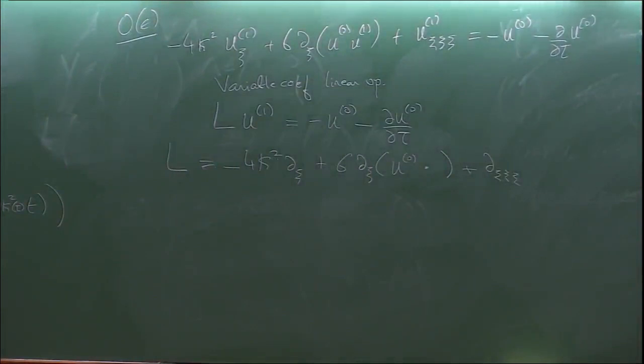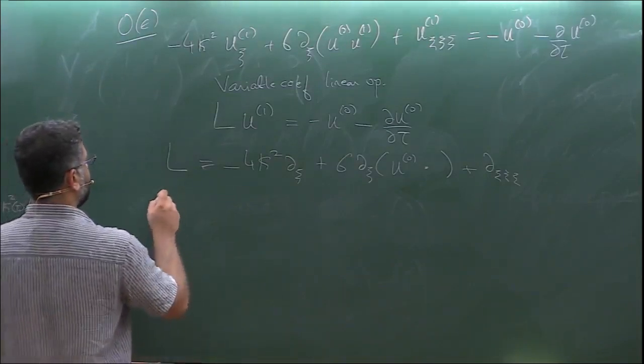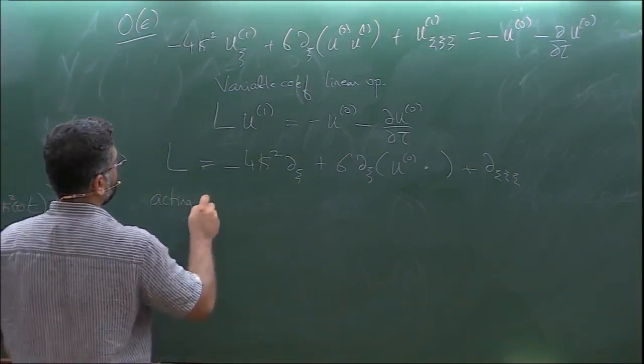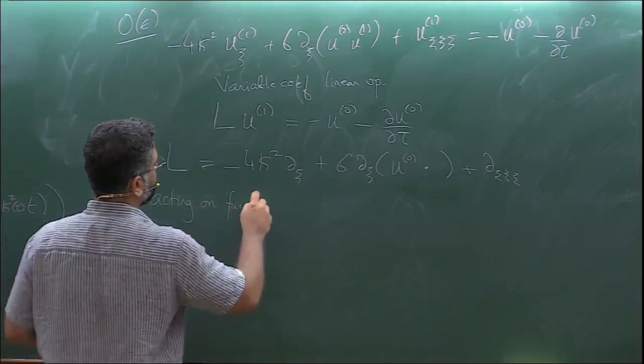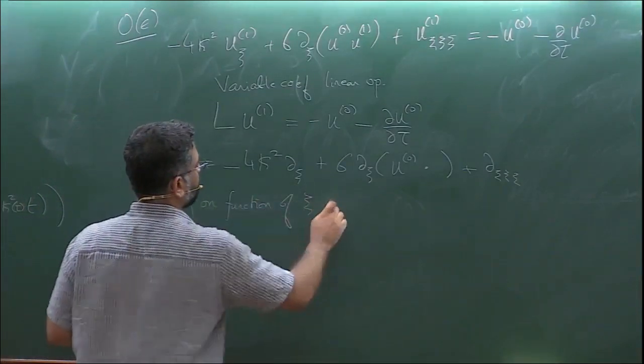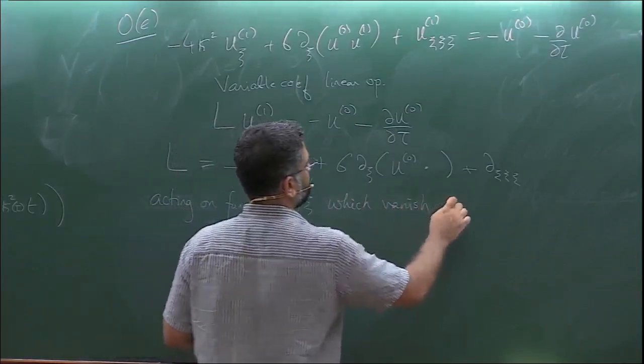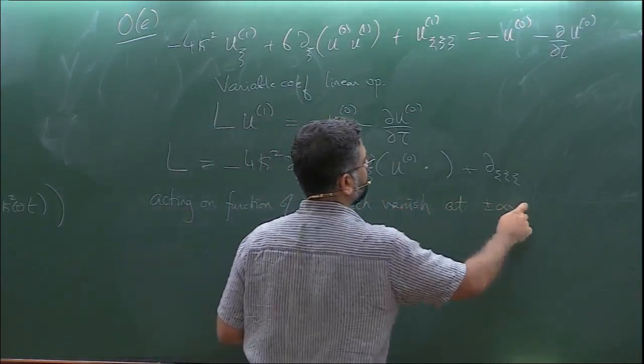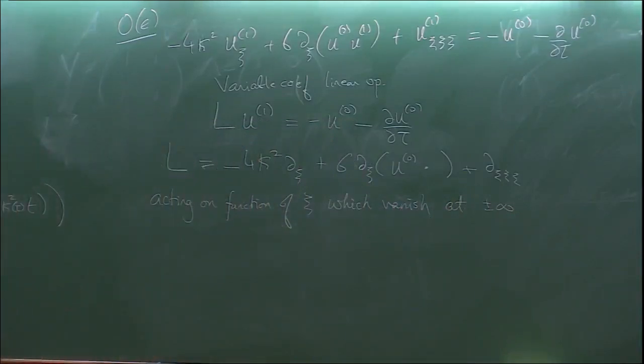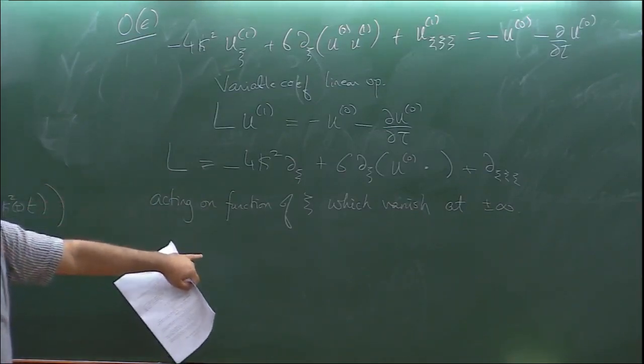U0 is known to you, and this is the linear operator you have. It's a linear operator acting on functions of xi which vanish at plus or minus infinity. That was our traveling wave solution, and that's what we're interested in.